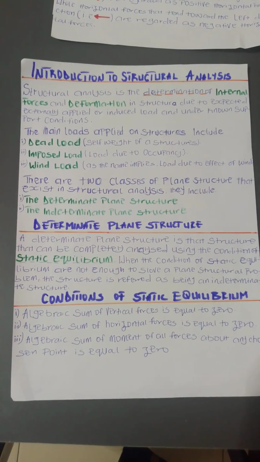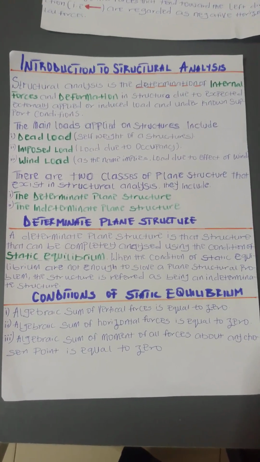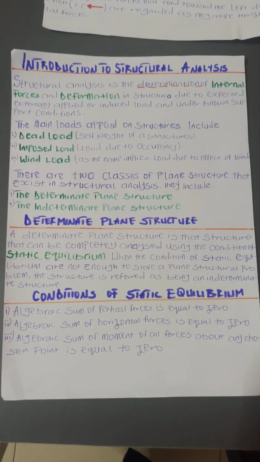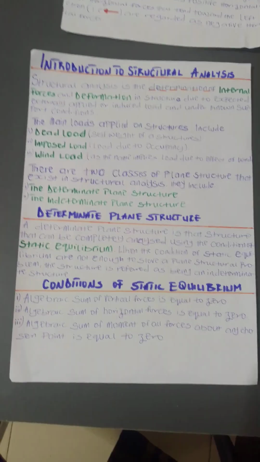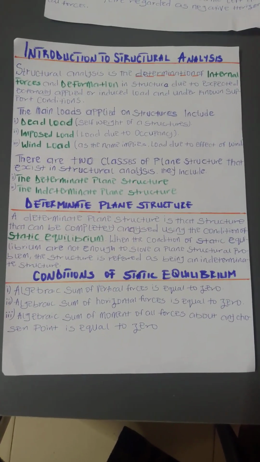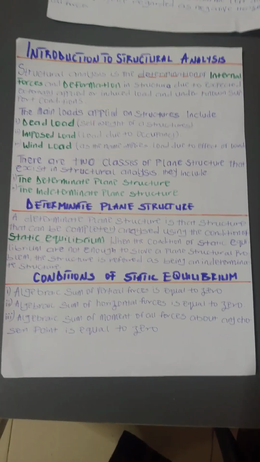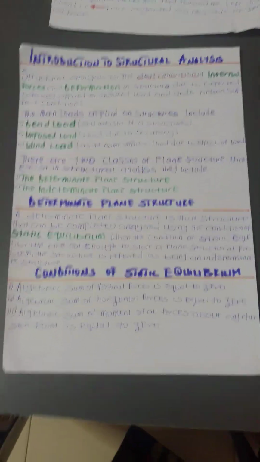Summation of moments about a given point must be equal to zero. So these are the conditions of static equilibrium, and these conditions must be satisfied before a structure can be analyzed using static equilibrium, and as such be classified as a determinate plane structure.